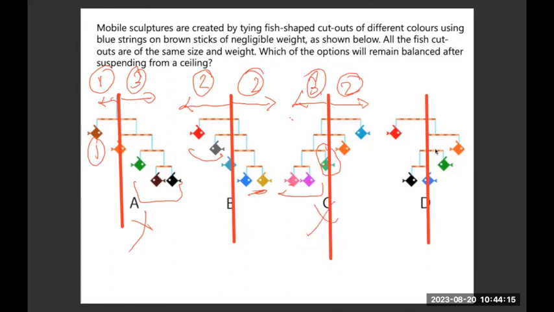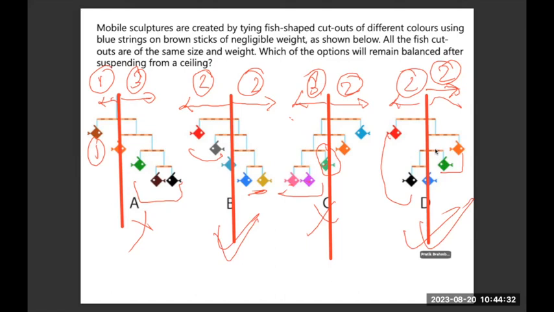Then when I draw the D part, again two fishes on this side, and two fishes on this side. So B and D both are possible. B and D are the correct answer in this case.